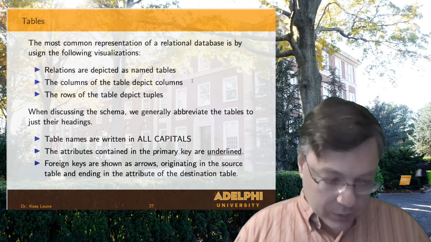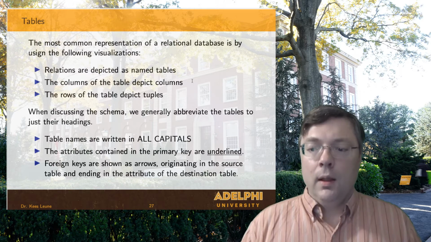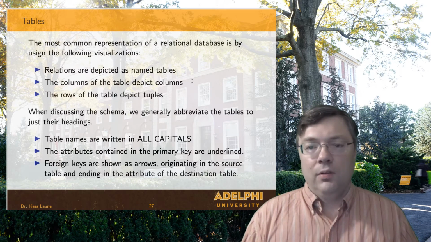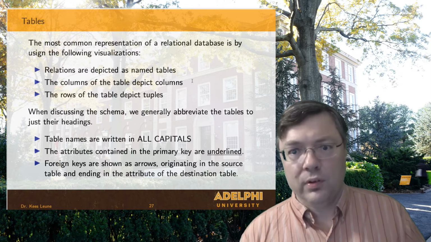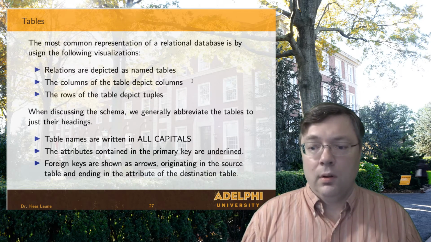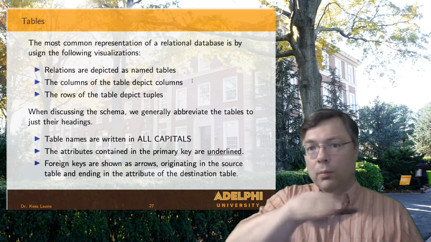The most common representation of a relational database is by using a visualization based on tables. A relation is depicted as a table, just the same way that you know it from, for example, Word or a spreadsheet. A relation has a name, so it's a table with a number of columns and a number of rows.